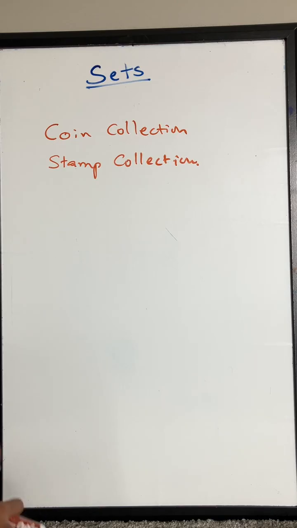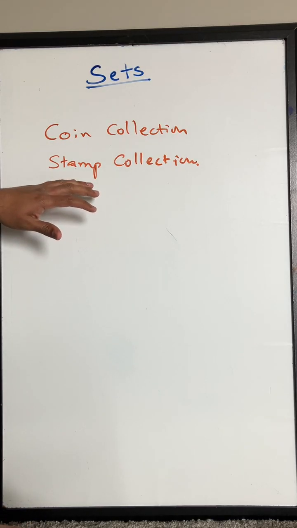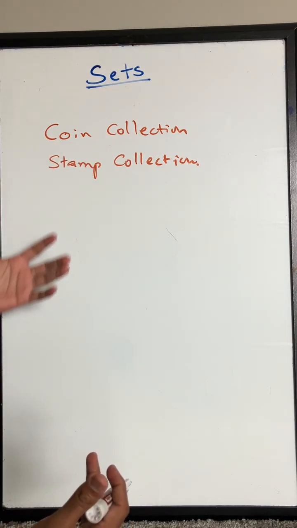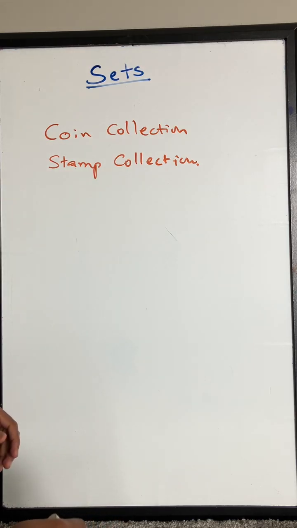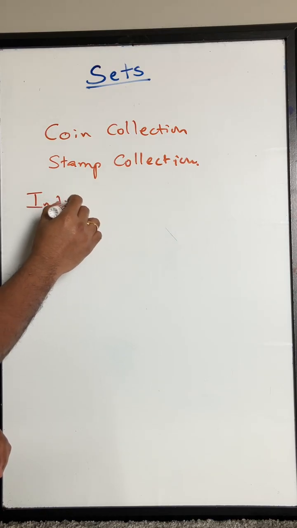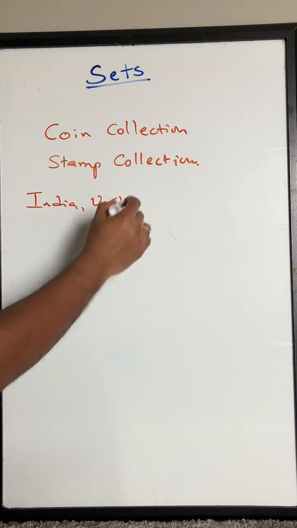So you might be doing stamp collection or coin collection, some kind of a collection, right? So what exactly is it? We collect different kinds of stamps, like within India or different nations. India, United States, or you might be collecting all countries as well.